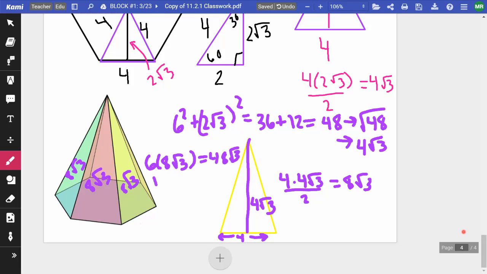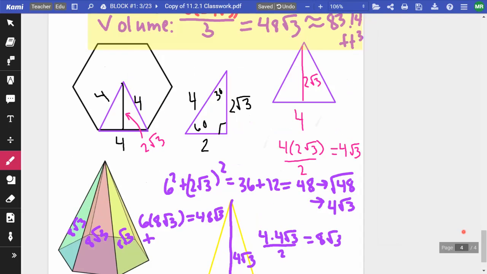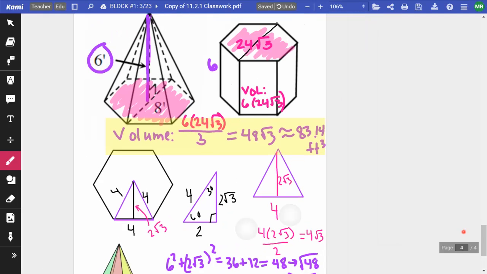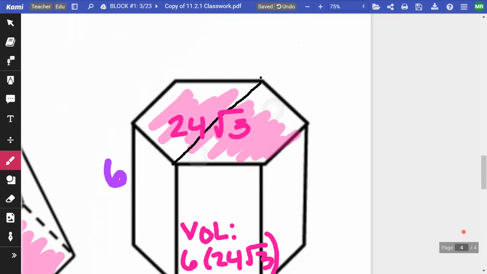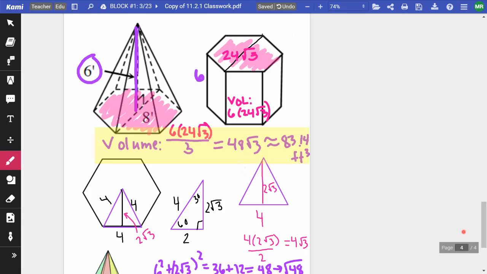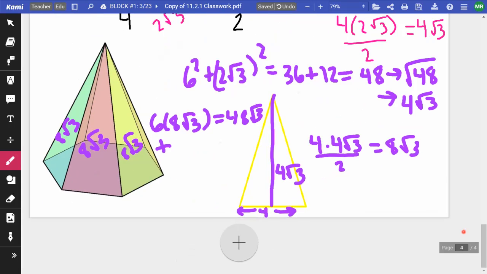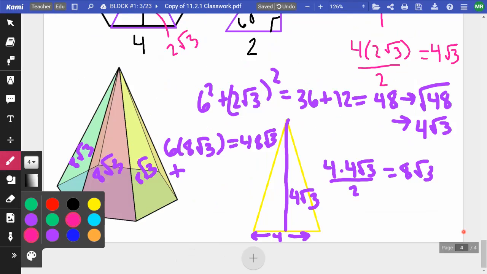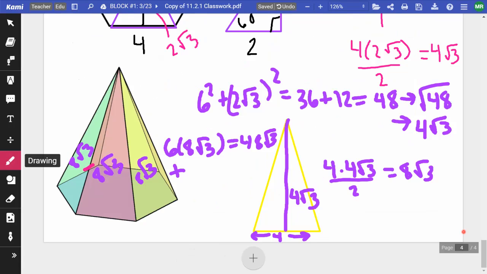Plus I have the bottom hexagon, and my hexagon was 24 root 3. This hexagon down here, I'll write it in pink, is 24 root 3.